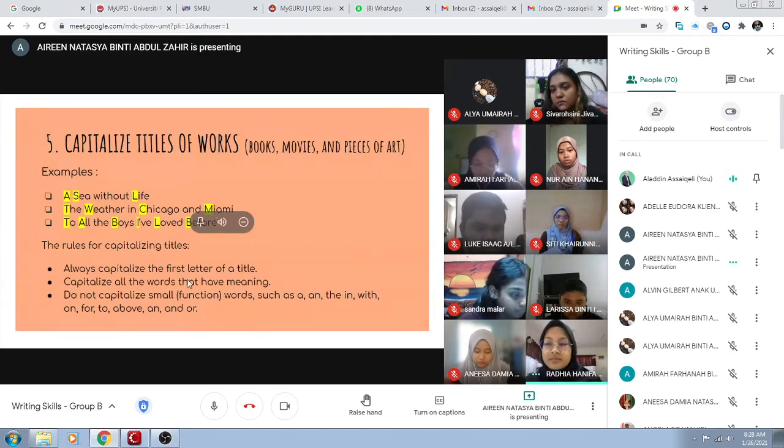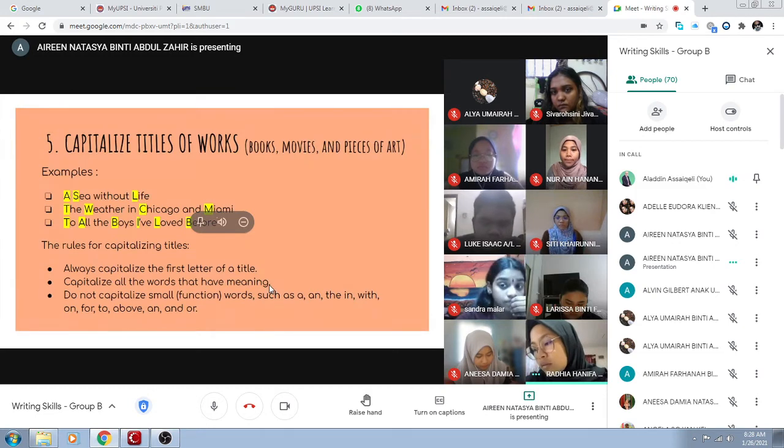Can you please now add this to your slide? Number 2, capitalize all the words that have meaning. Write between the brackets after meaning: content words. You can do this now in front of us.